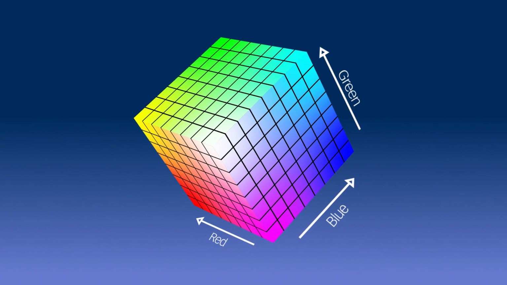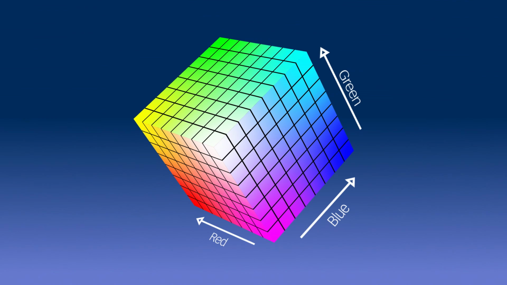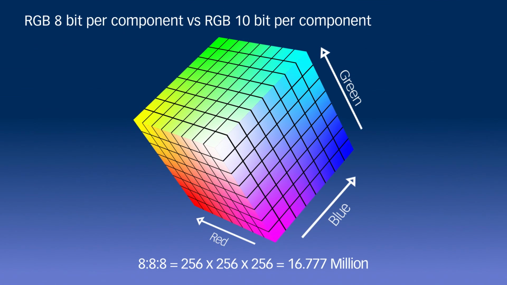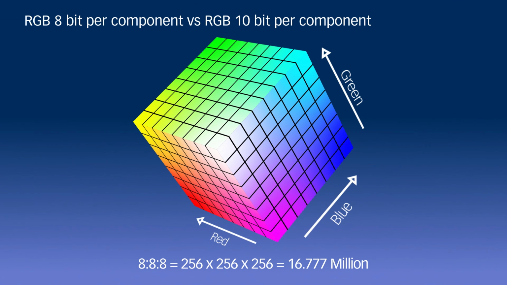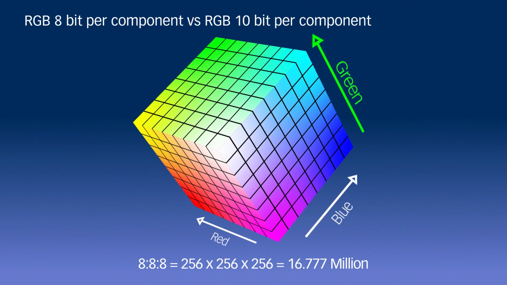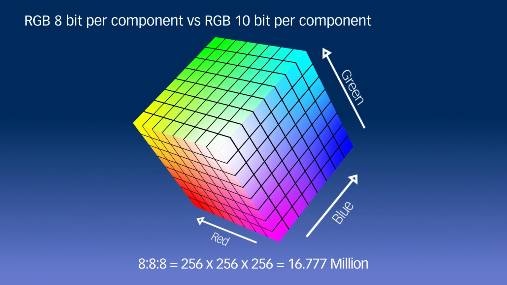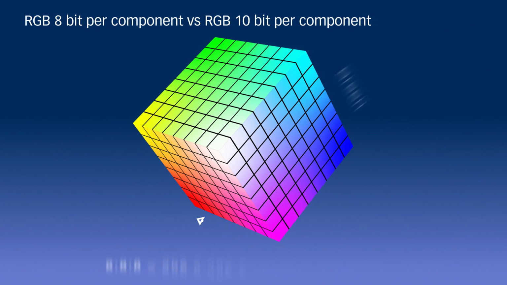By uniting neighboring increments of each color, computing power can be saved. RGB 888 allows for 256 increments of each of red, green, and blue, for a total of about 16 million color combinations.